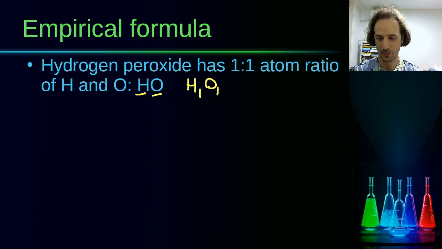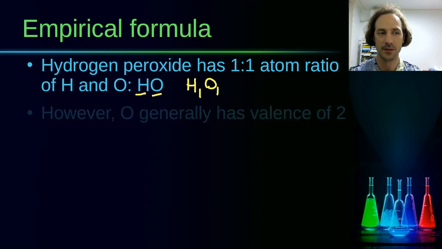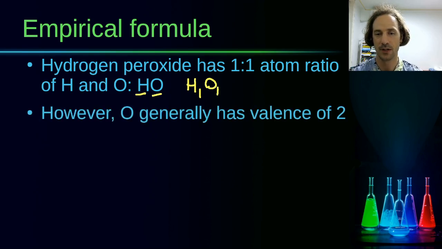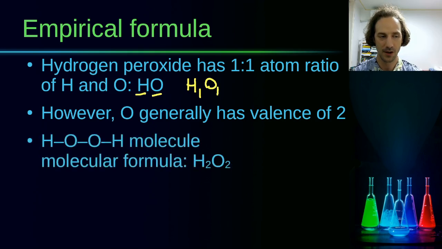So this is the empirical formula of hydrogen peroxide, but what we found is that oxygen actually wants to make 2 bonds. But here it only bonds to 1 hydrogen, so maybe we can predict, based on oxygen generally having a valence of 2, that here the hydrogen will bond to the oxygen, and the oxygen will also bond to another oxygen, and the molecule will actually be H2O2, and this will be the molecular formula of hydrogen peroxide.